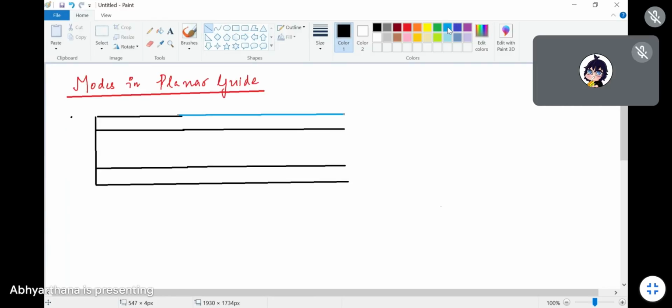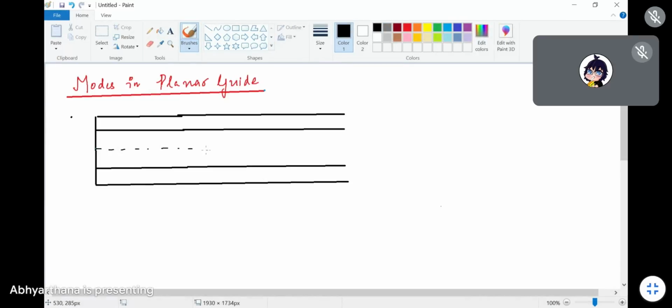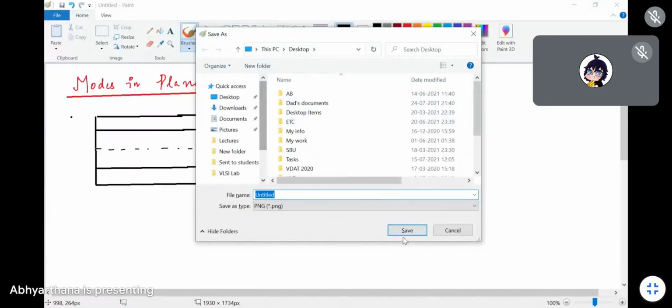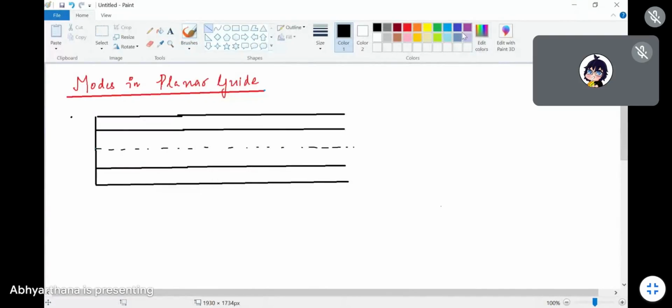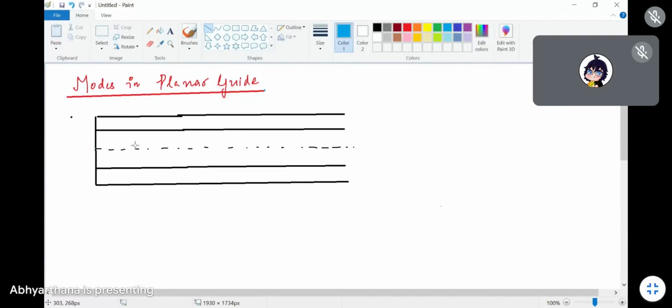Now when your light waves actually travel, before that, this is your central line. I always have to show the central line. Let's say your light ray travels from here and goes like this.